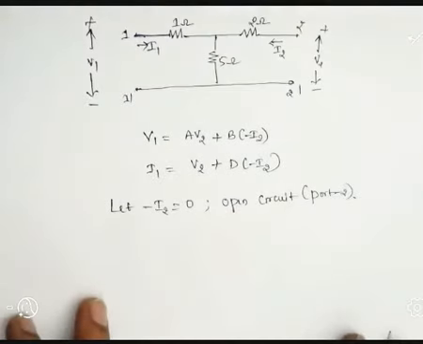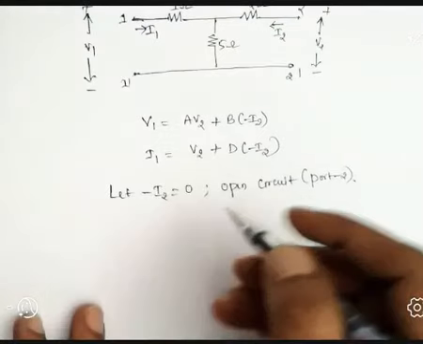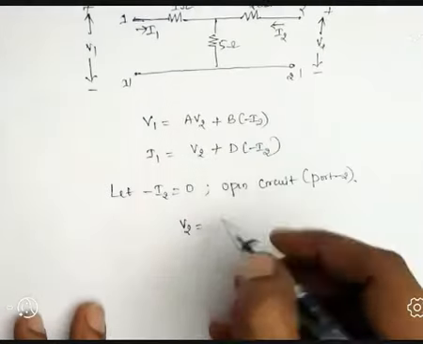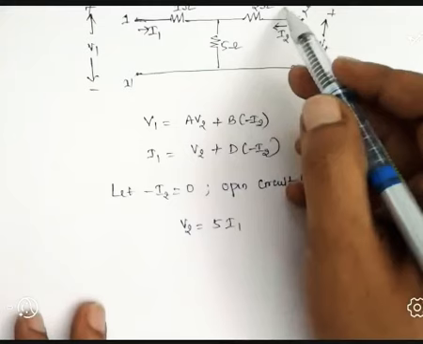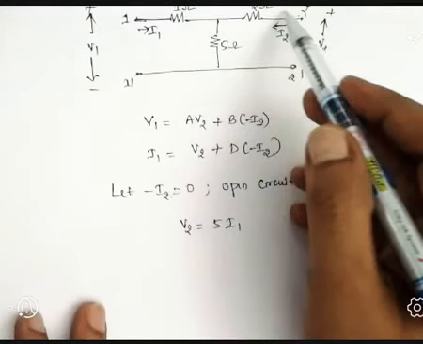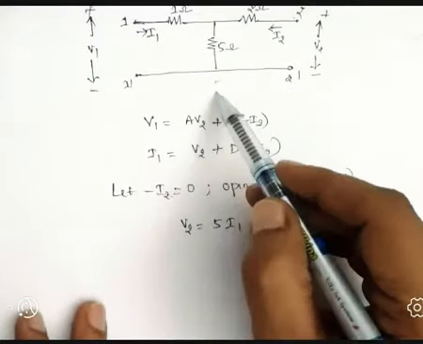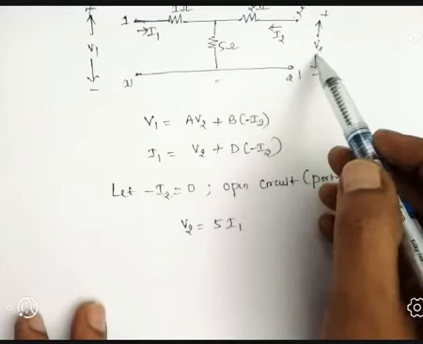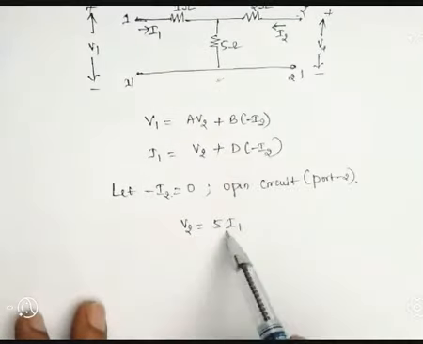What happens if I make port 2 open? From the circuit we can write V2 equal to 5 I1, because if I substitute I2 equal to 0, this becomes 0. Then the voltage across this branch is V2. Through this branch, current I1 is flowing, so V2 equal to 5 I1.